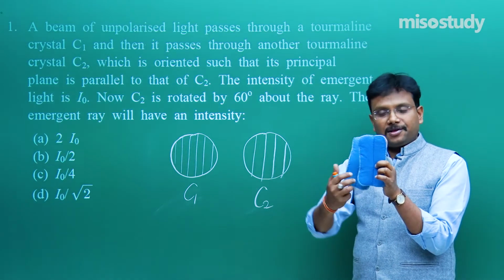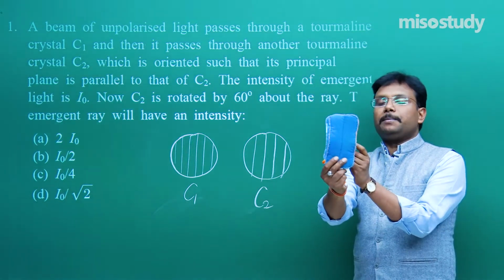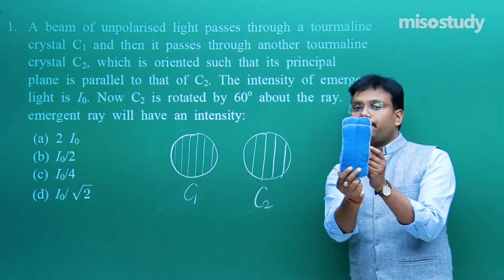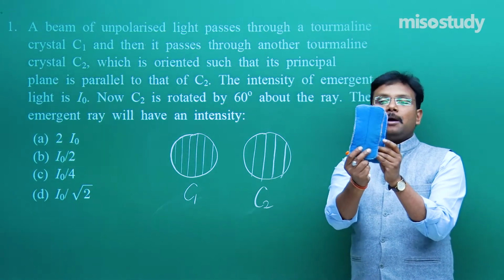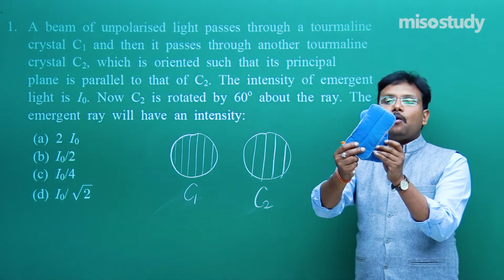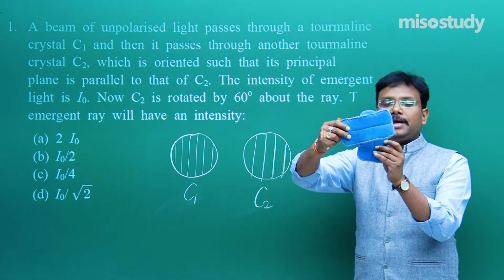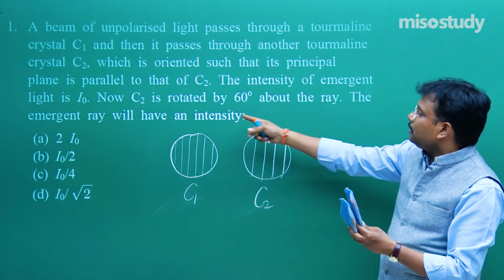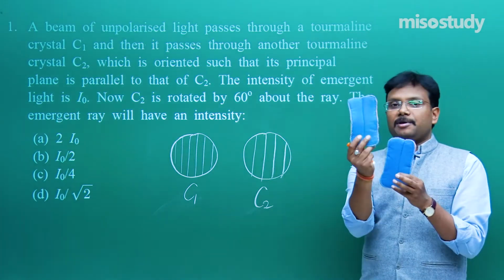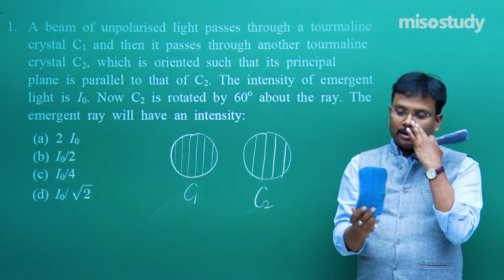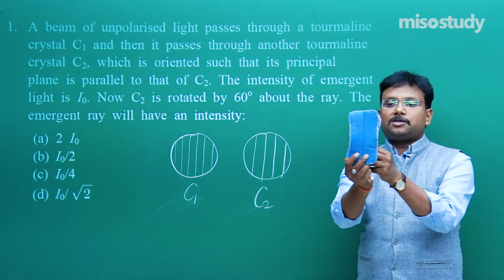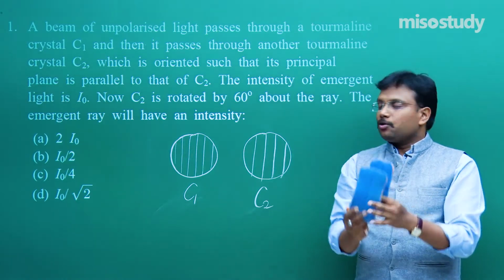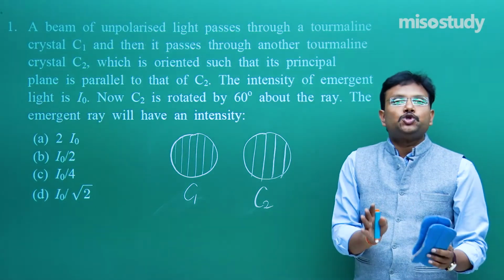You can place it like this, so you get the light coming from this side, from my face side, but now I am rotating it. What will happen? The axis is changing. So in the second statement, rotated by 60 degrees means one crystal is rotated with respect to the first one. Initially it is like this, then it is rotated like this. So we have to examine these two conditions.